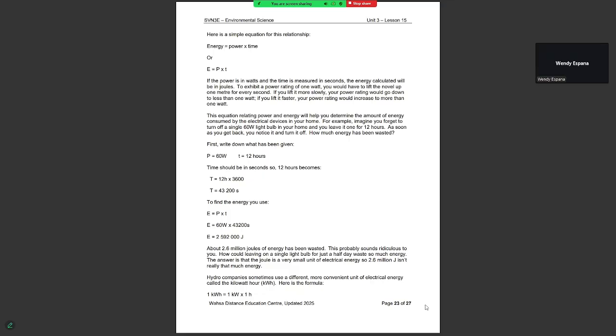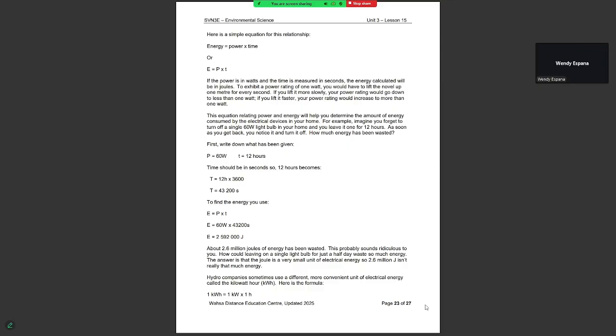We multiply by 43,200 seconds, and the amount of energy is 2,592,000 joules. That's 2.6 million joules of energy. Leaving a single light bulb burning for half a day has used up over 2 million joules of energy.